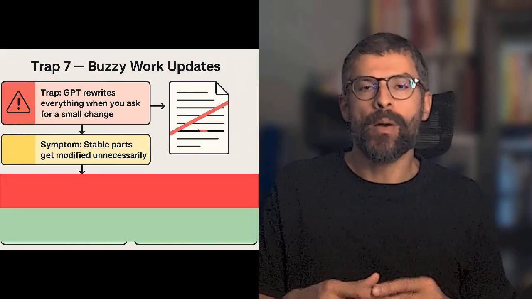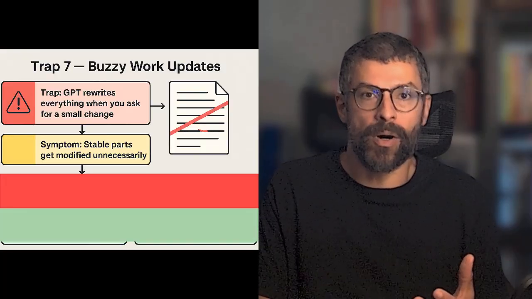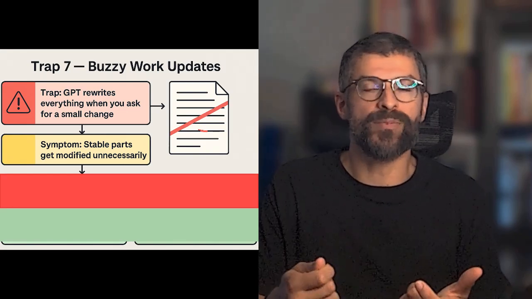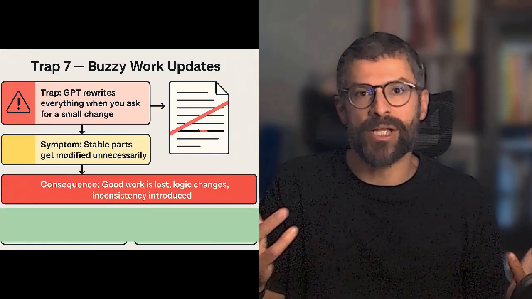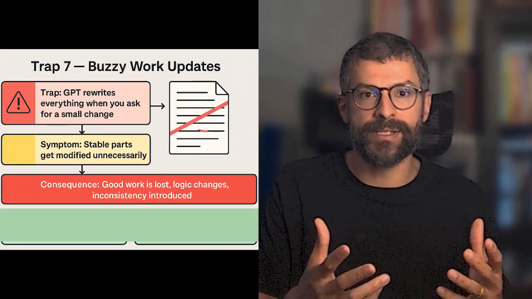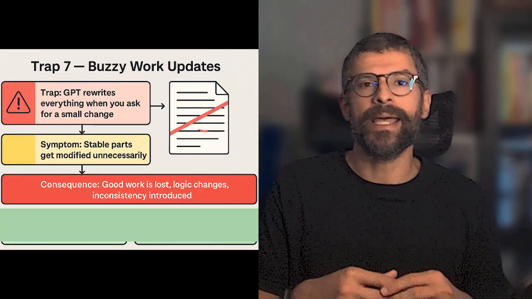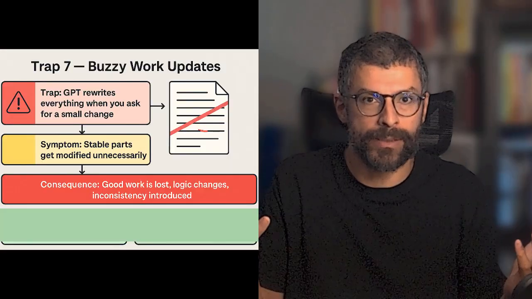You'll notice this when editing drafts or outputs that ChatGPT gave you, or if you're changing knowledge base entries. You like 90% of the text, but asked for a small change and then ChatGPT rewrites the entire page. Or you add a knowledge base entry with solid details, you ask for a tweak, and it simplifies everything, dropping nuances or modifying part of the text that you want to remain the same.